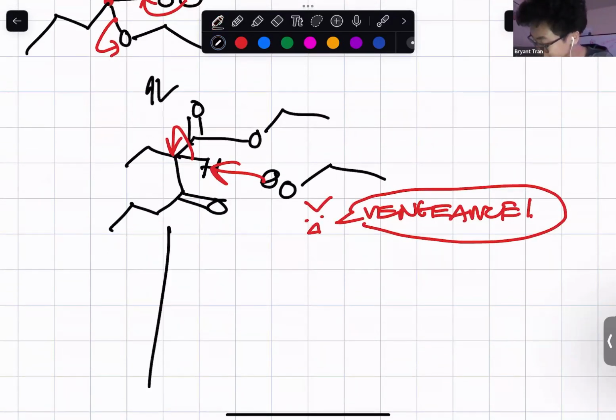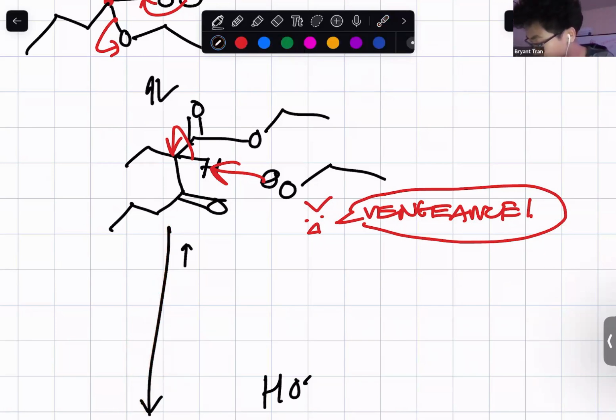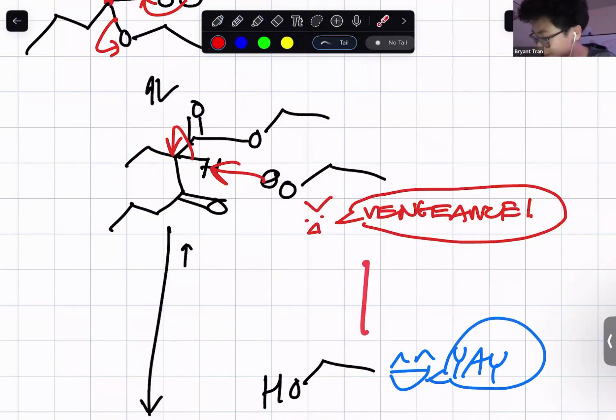This right here is the irreversible step. I see on her lecture notes that she says it could go backwards a little bit, but it will favorably, like the majority, go forward in this direction, because once that bad angry leaving group gets protonated, it's now happy and stable, and it doesn't want to go back to its unstable state.